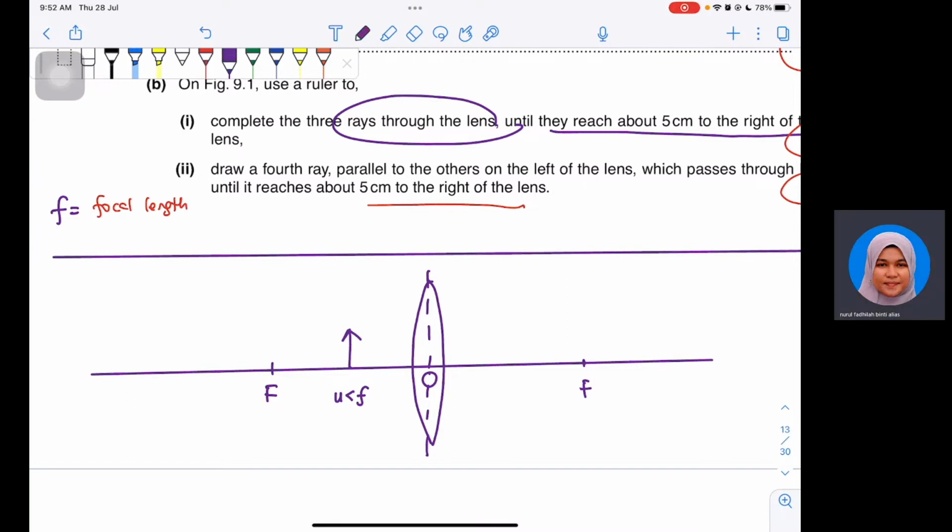Kalau F capital, it's the focal point. So capital dengan huruf small letter ada very different meaning.